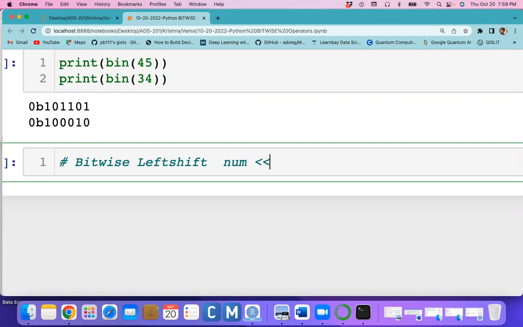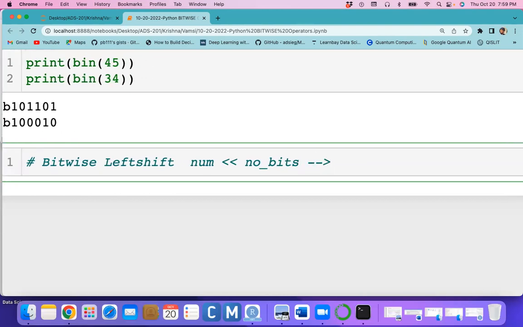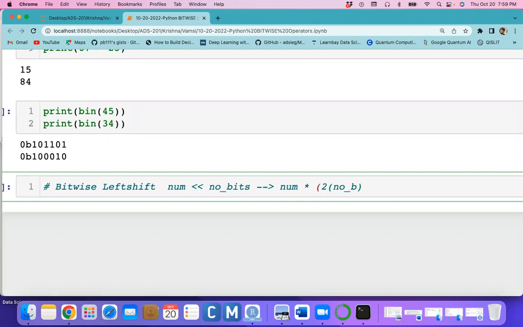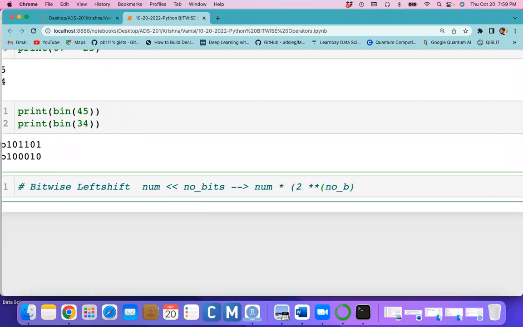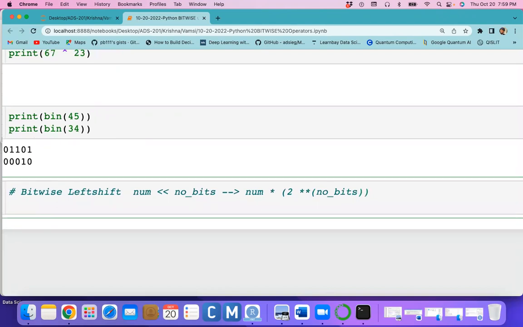Whenever you convert a number into binary and left shift it by some number of bit positions, the resultant is the number multiplied by 2 power of the number of bits. This is the formula, you can remember it, guys.